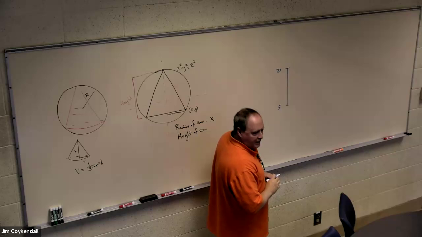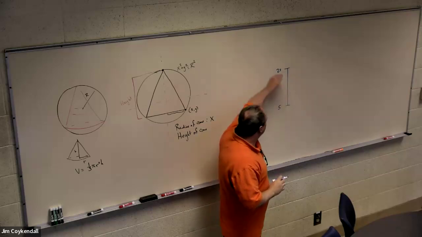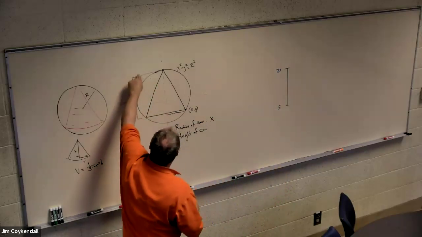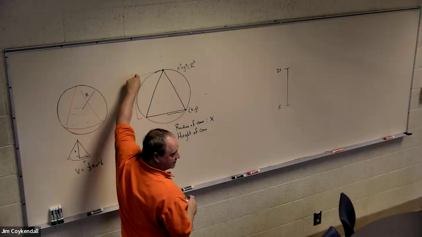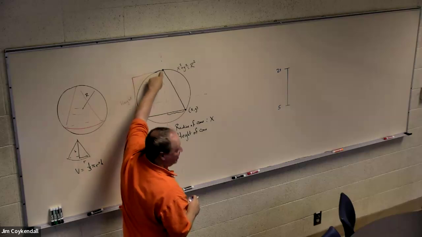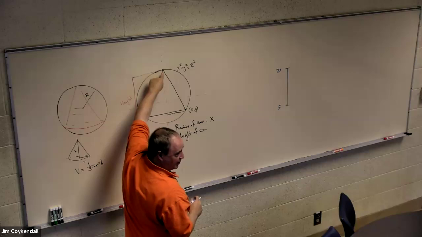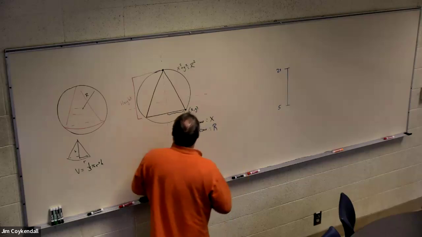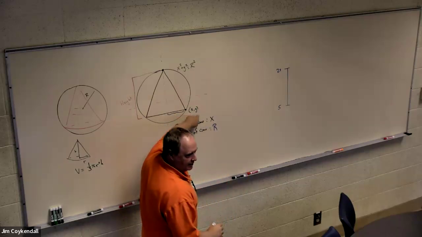Right, it's just the difference. This measurement minus this measurement. What's the y coordinate at the top of this thing? Should be the same as the radius of the circle, right? r. What's the y coordinate at the bottom? There it is. It's y.